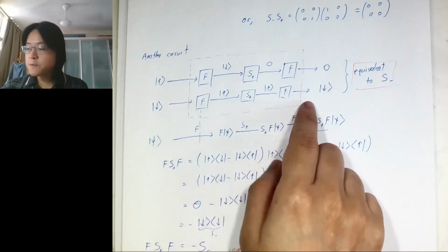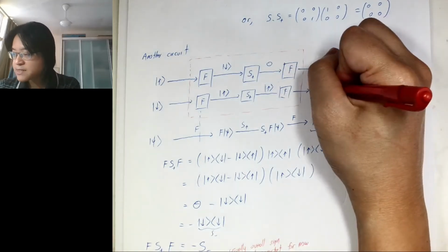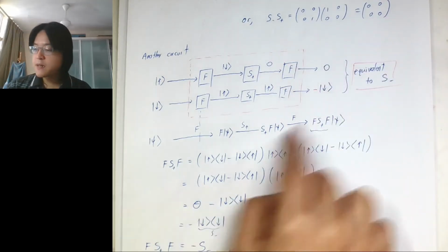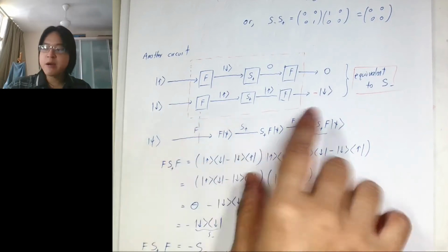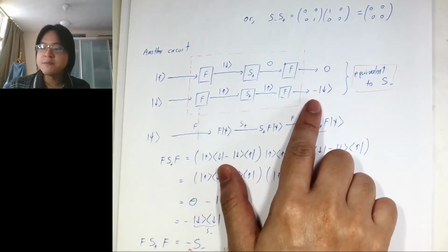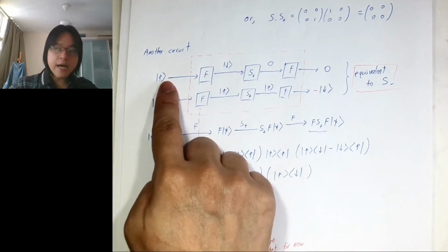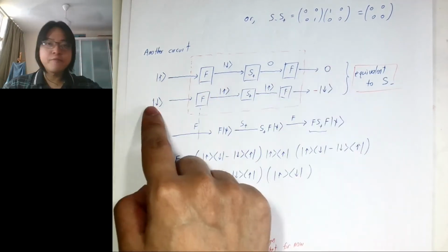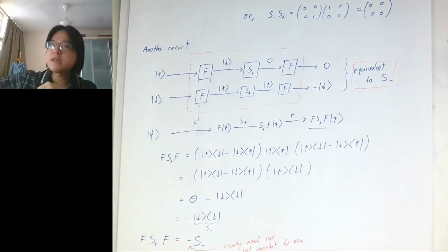So what comes out, if you actually do the calculation, should be an extra minus sign at the back. But the main point is, because we are trying to connect this to experiments, sometimes mathematics gets some extra symbols and extra negative signs. But in the experiment, if you put an up atom through it, nothing comes out. If you put a down atom through it, the down atom continues to pass through.